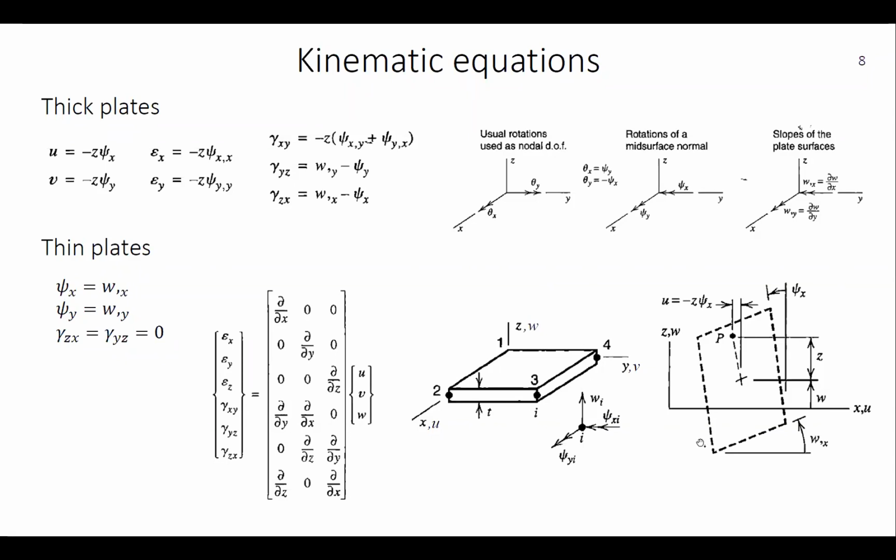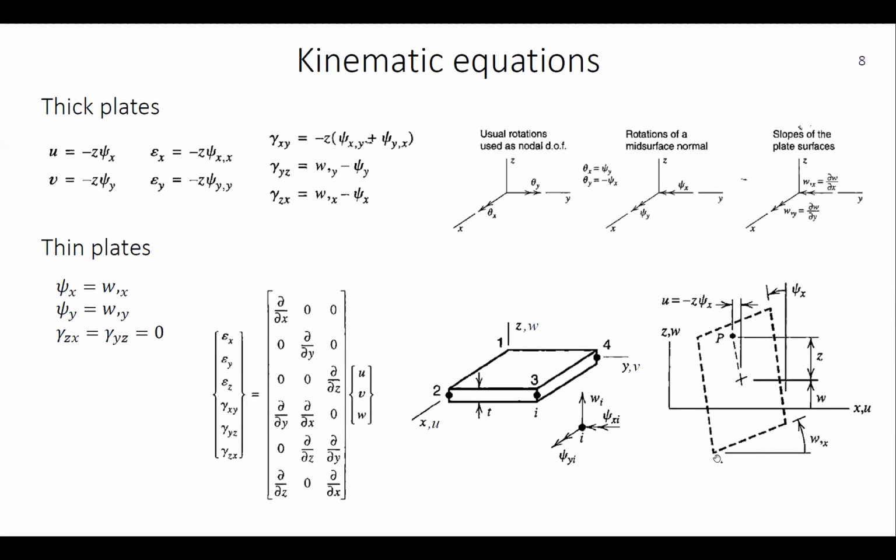So we will have a rotation phi x, which will cause a displacement of these points in the x direction being minus z times phi x, given small angles of phi x.